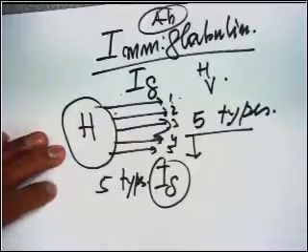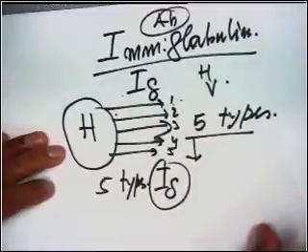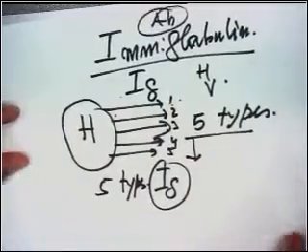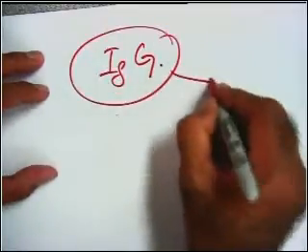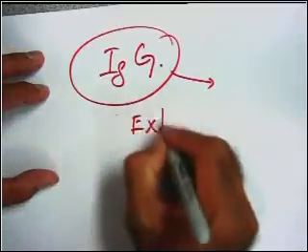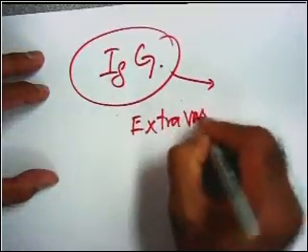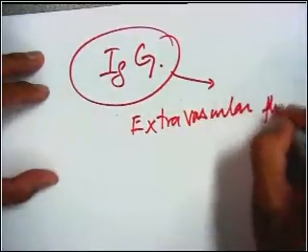Among these, which I mentioned before, we will go through the different types. IgG, right? That is the most abundant immunoglobulin, and it is also present in the extravascular fluids.